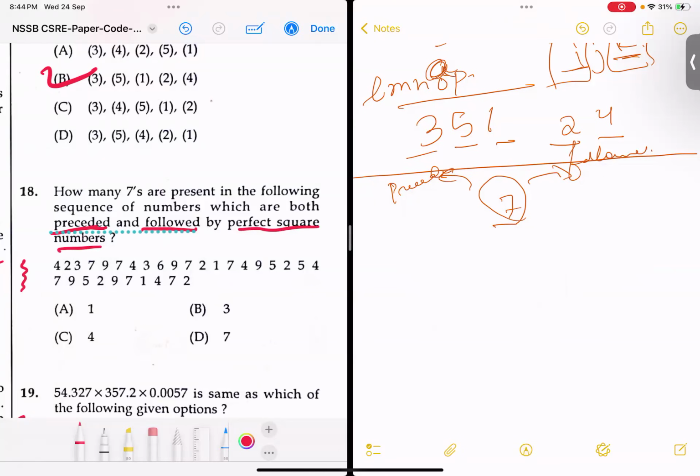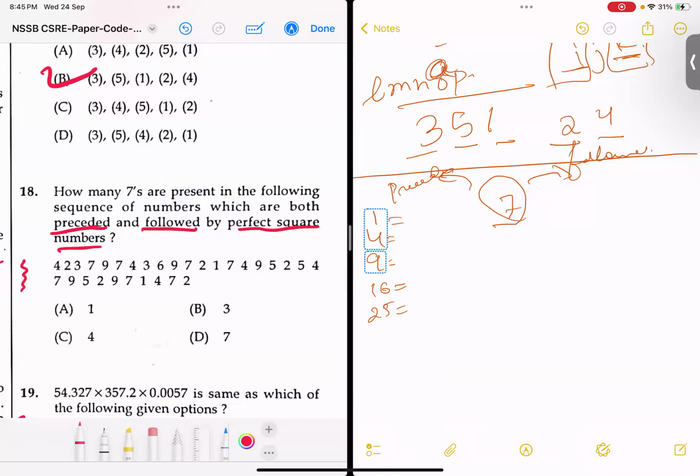Perfect square numbers are like 1, 4, because 4 is 2 into 2, 9, it is 3 into 3, then 16, it is 4 into 4, 25, it is 5 into 5, okay?